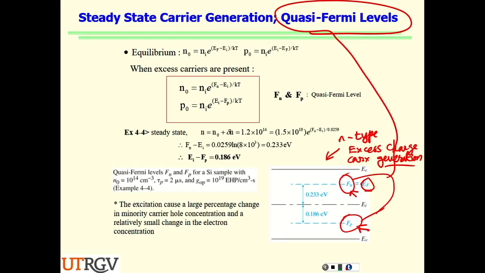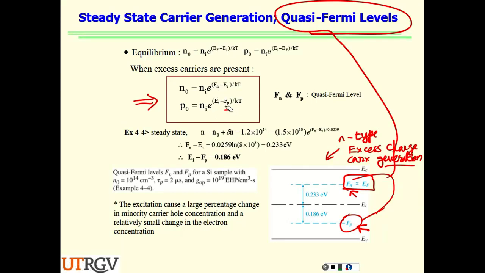You have to remember quasi-Fermi levels will be in pairs, and Fn is now almost equal to the original Fermi level. Of course, there's a slight increase, which means it has moved just a little bit closer to the conduction band, but it's almost the same. We can ignore that. So when excess carriers are present, instead of having Fermi levels, we have quasi-Fermi levels. In that case, our relationships get updated where instead of the Fermi level, we now use quasi-Fermi levels.